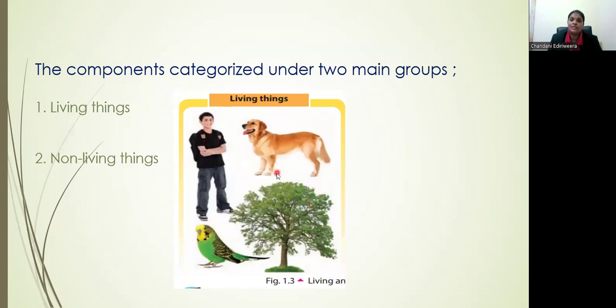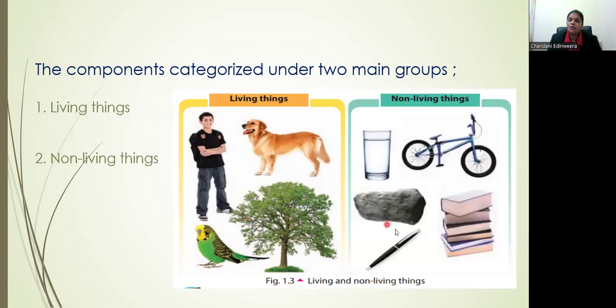So look at these things, the man, dog, trees, the bird, those ones, they are gradually increasing. So we can consider those ones as the living things. But when you consider these materials, maybe the book, chairs, other than these ones, we can write some more examples as well. They are not growing their size, so we call these ones as the non-living things.